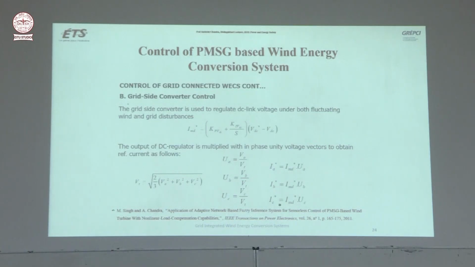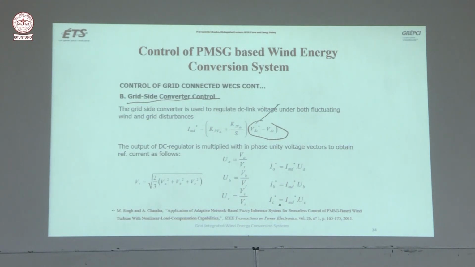Now if we talk about the grid side converter control, you will be surprised and happy to know that you can almost use the same basic algorithm which we use for shunt active filters, because there also the same things are there, right? So this is what we did in shunt active filter also.